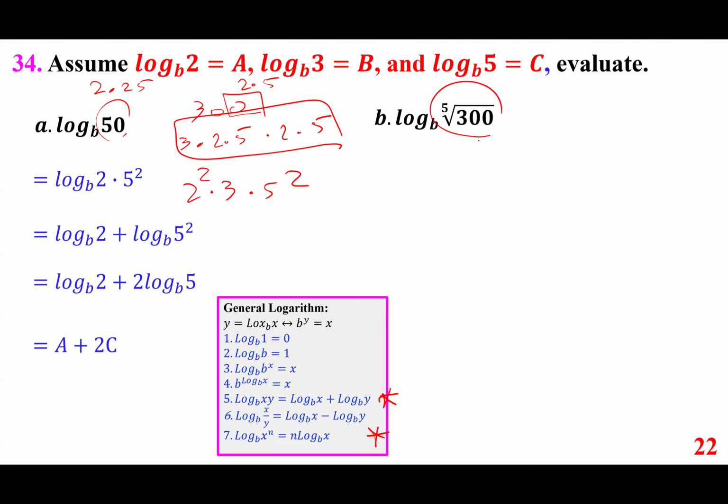Now let's write this as 300 to the power of 1/5. Put the 1/5 in front, and cut the 300 by factoring.